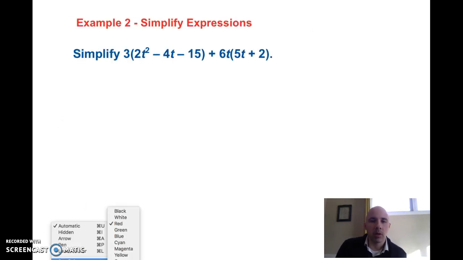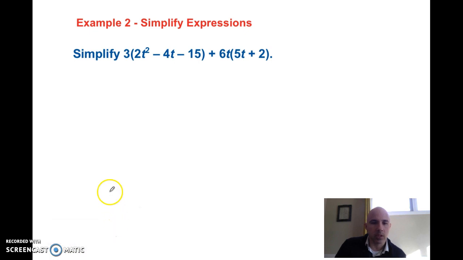Welcome back, Mr. Cornier. You got the last one correct. So let's keep moving on, and let's see if we can get some more understanding here. All right, so let me change this to green. We want to go ahead and simplify this expression. There's a lot going on here, so let's focus right over here. So the first thing I'm going to do is distribute the 3 to the 2t squared. 3 times 2 is 6.